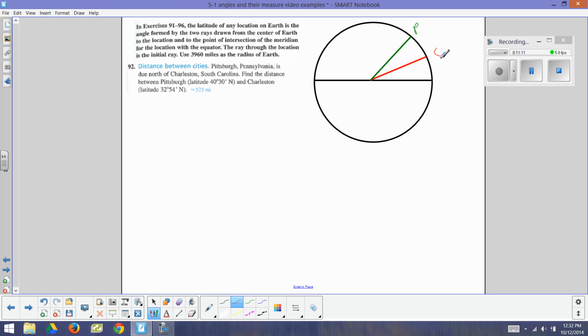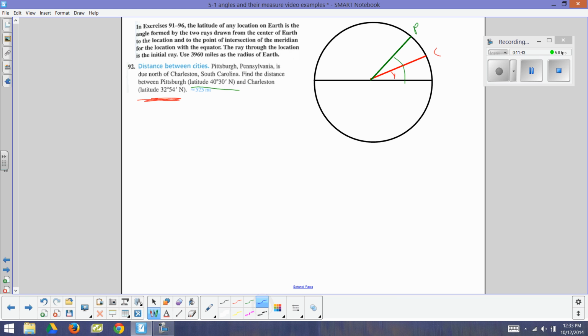I know that the Charleston latitude is 32 degrees 54 minutes. So this angle right here is 32°54'. I know that this angle right here is 40 degrees 30 minutes.